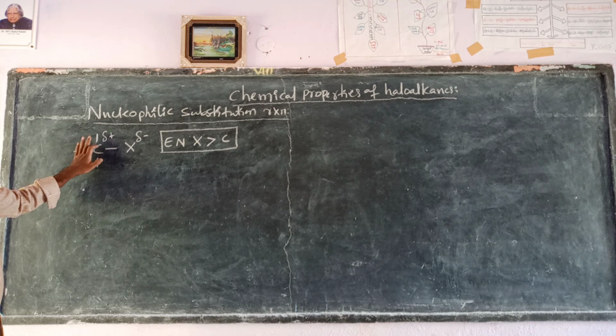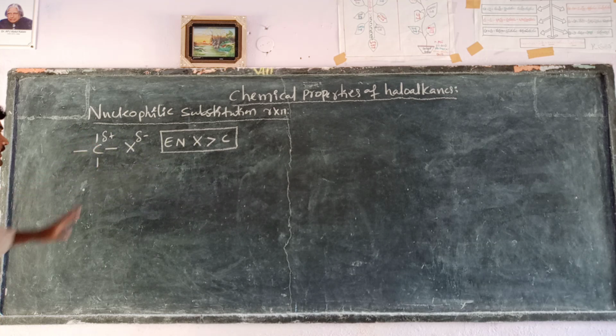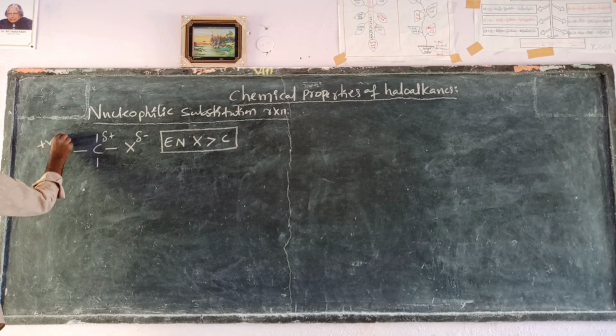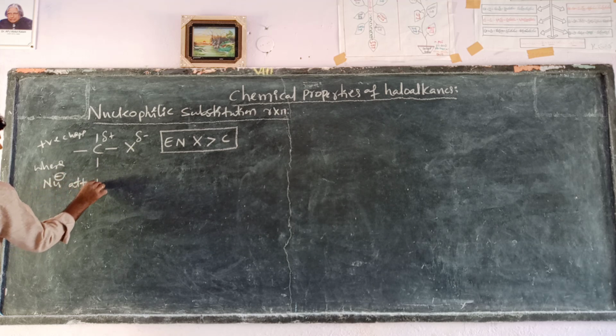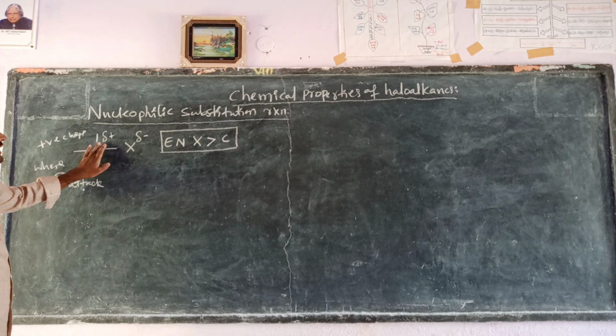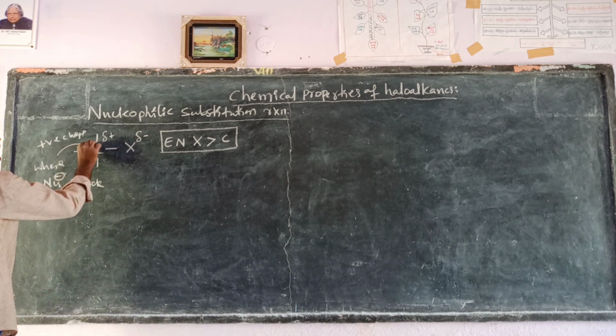The positively charged carbon atom is favored to be attacked by the nucleophile. This is the partially positively charged carbon atom where the nucleophile attacks.